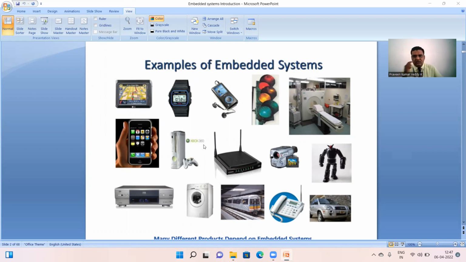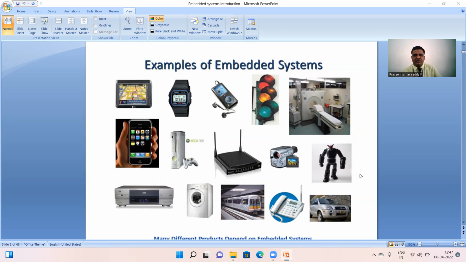All these electronic systems are called embedded systems. In a general definition, we can say an embedded system is a combination of hardware and software.